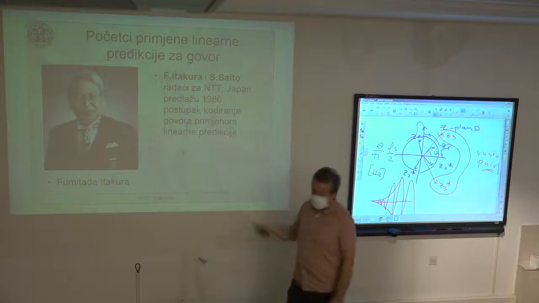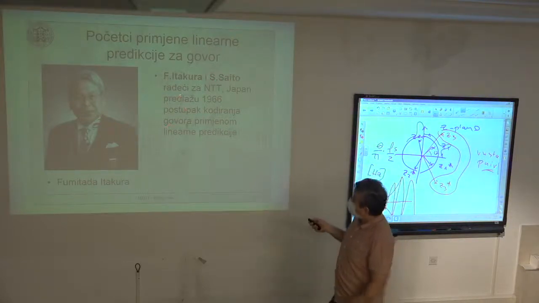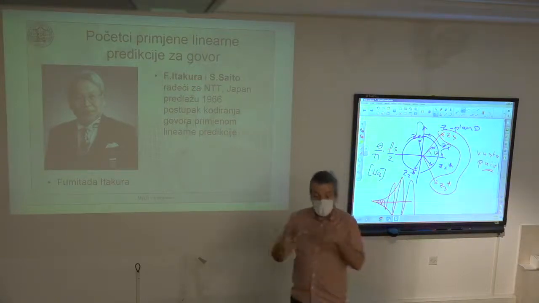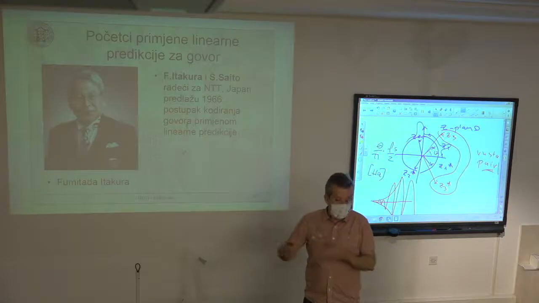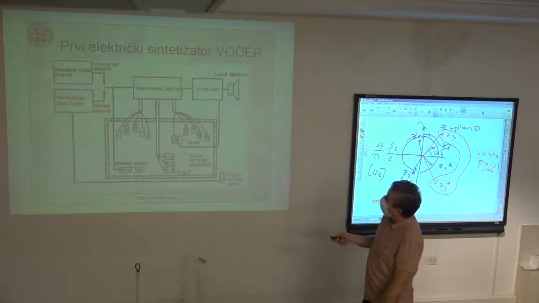And in 1966, in Japan, two people, one is Fumitada Itakura and Saito, proposed the algorithm for speech coding that is based on predictive speech coding while they were working for this entity, which is like a telecom provider, at that time the only telecom provider in Japan, similar to AT&T.